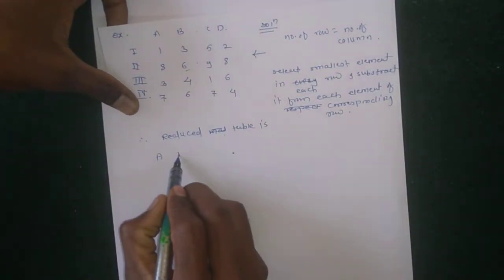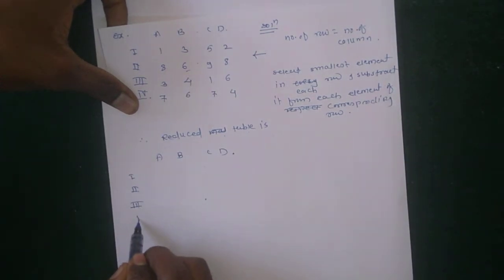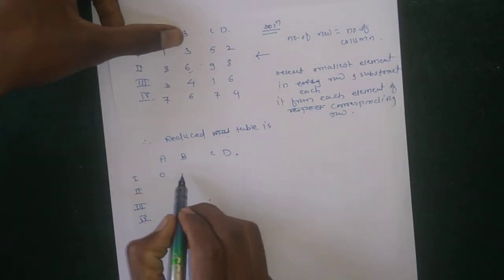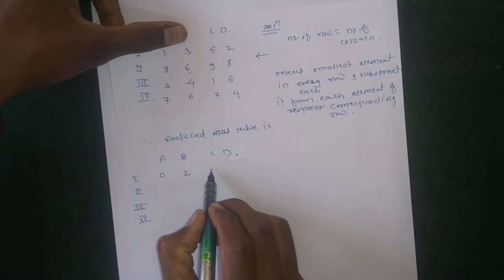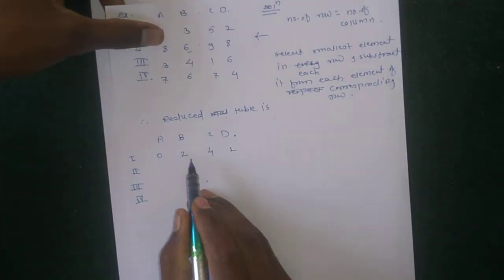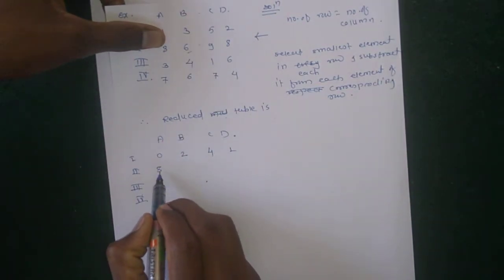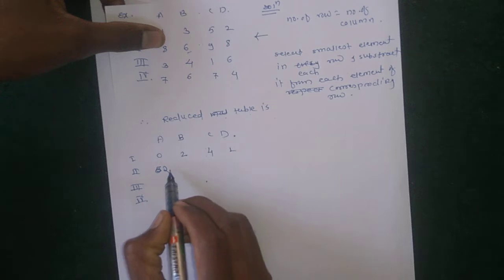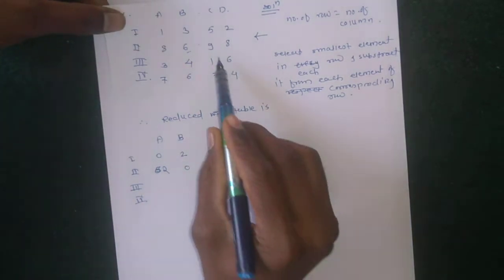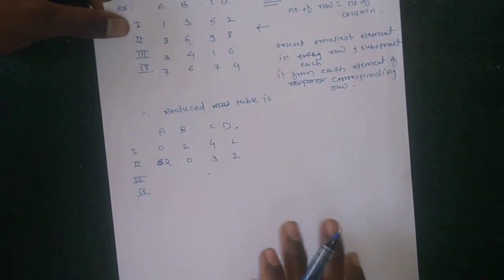So with columns A, B, C, D and rows first, second, third and fourth: 1 minus 1 is 0, 3 minus 1 is 2, 5 minus 1 is 4, 2 minus 1 is 1. Next, the smallest element is 6: 8 minus 6 is 2, 6 minus 6 is 0, 9 minus 6 is 3, 8 minus 6 is 2.